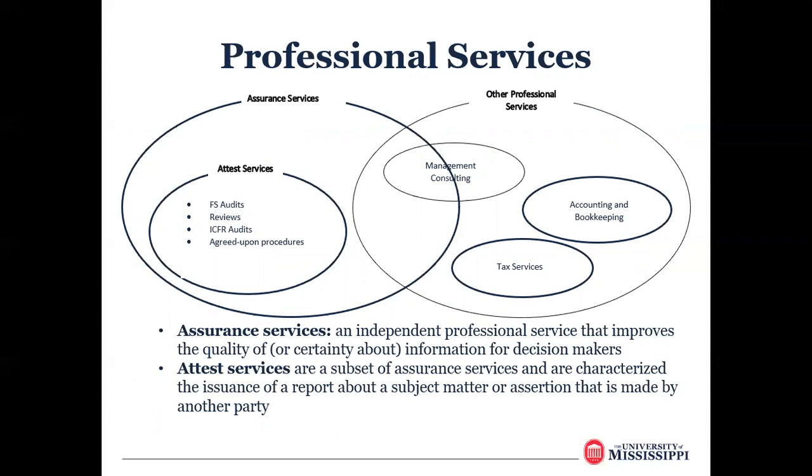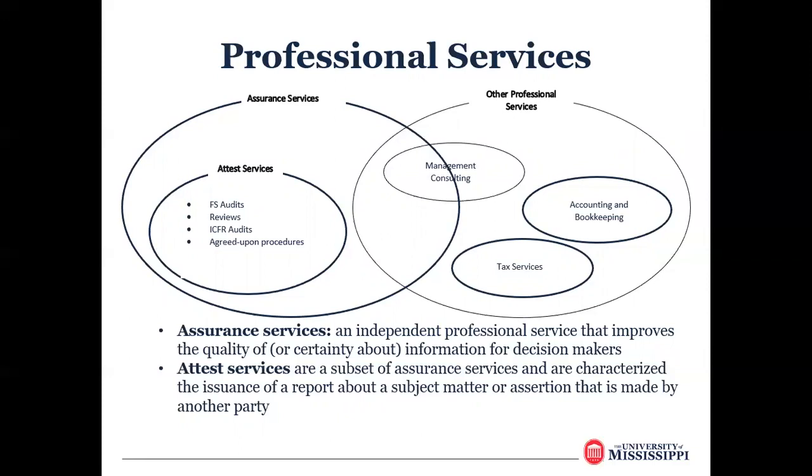This is sort of a global diagram of professional accounting services. And in general, at least in this diagram, we've broken those services into two primary groups. And those are assurance services versus other professional services. I want to focus primarily on assurance services because it's within assurance services that financial statement audits lie.